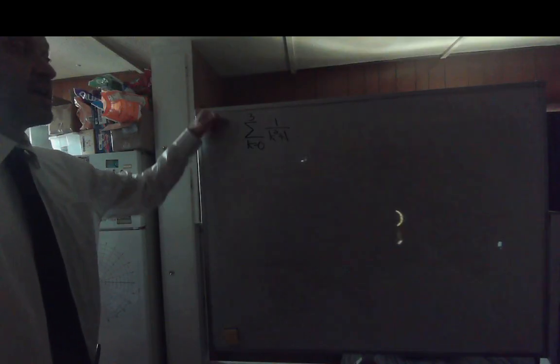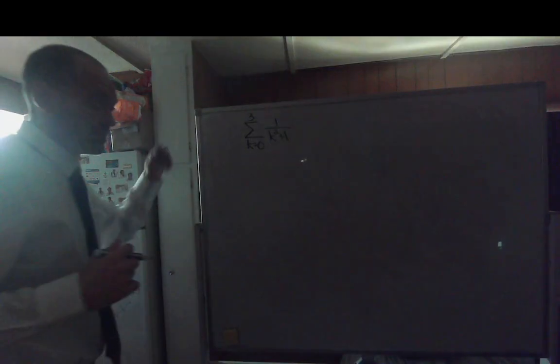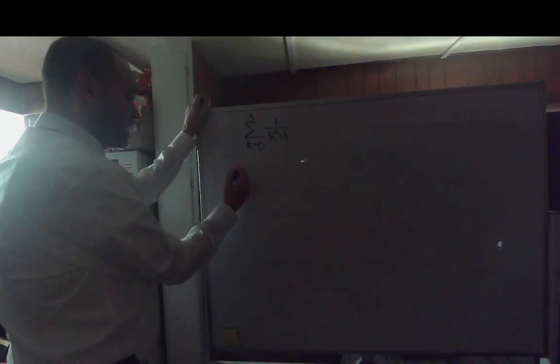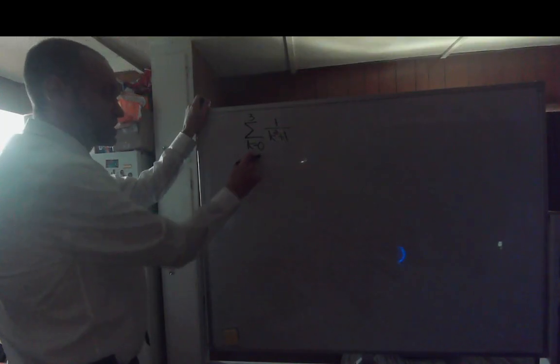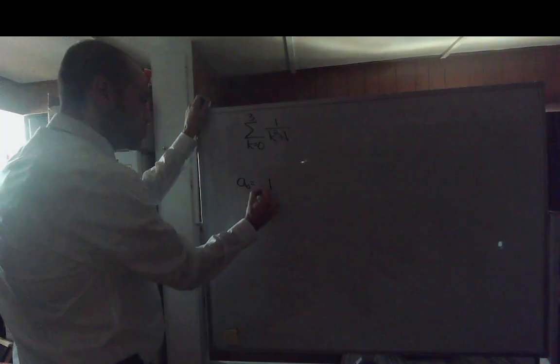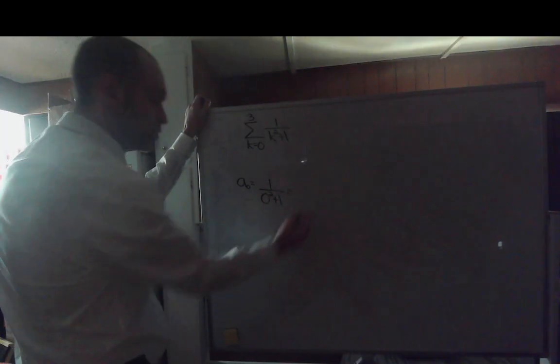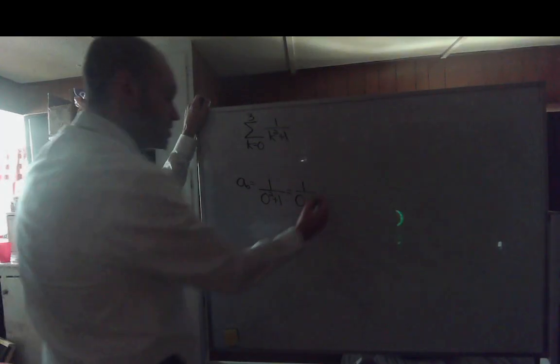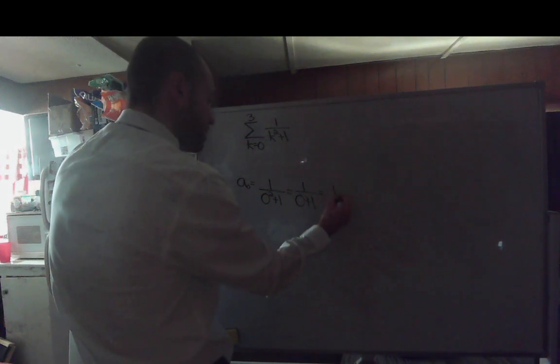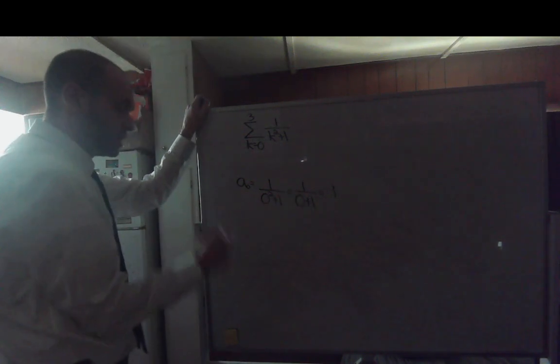We're actually going to have 4 terms we have to add together, right? Okay, so we need to start with a sub 0 since k starts at 0. That's 1 over 0 squared plus 1. Well, that equals 1 over 0 plus 1, which just gives you 1. 1 over 1 is 1.